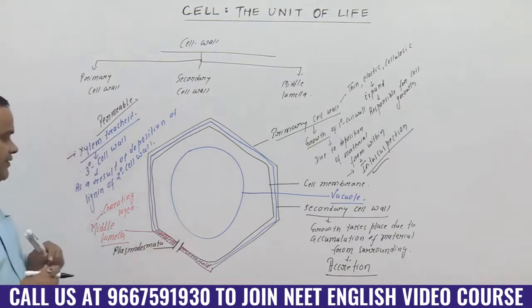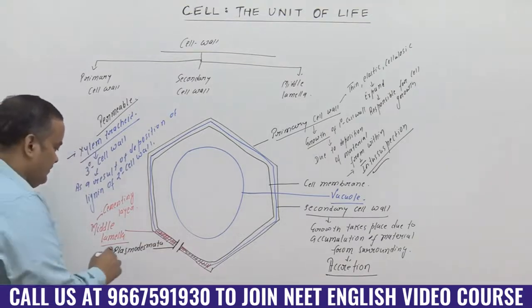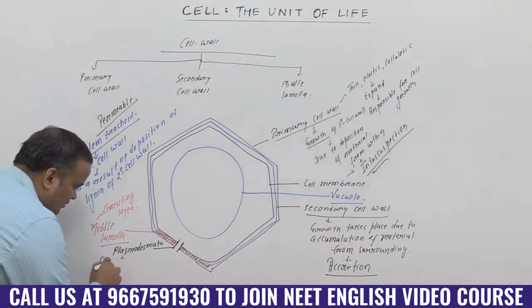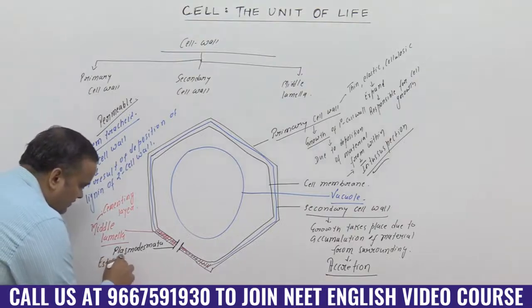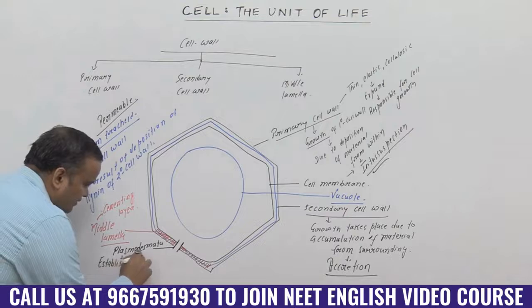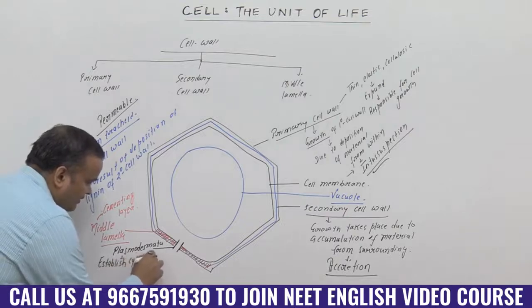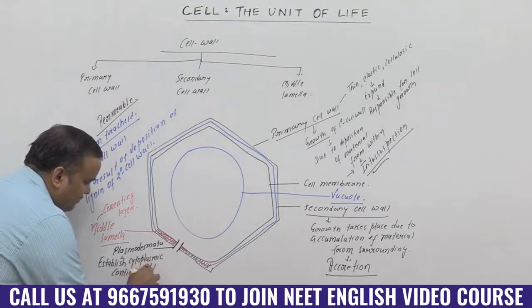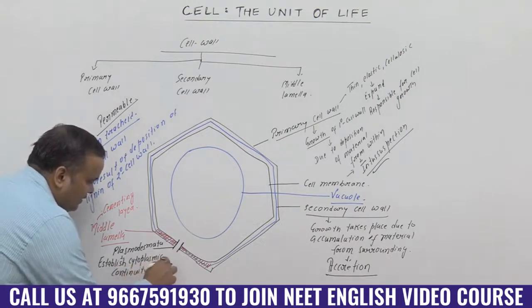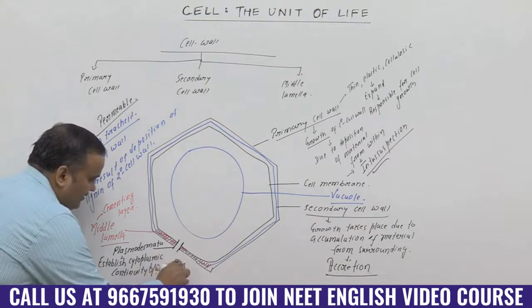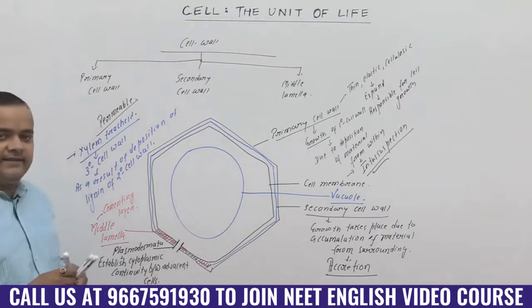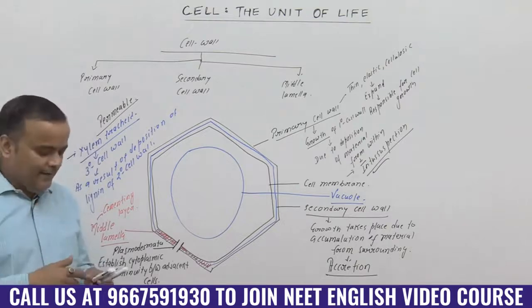Now, function of this plasmodesmata is to establish cytoplasmic continuity between adjacent cells. That means it connects the cytoplasm of two adjacent plant cells.